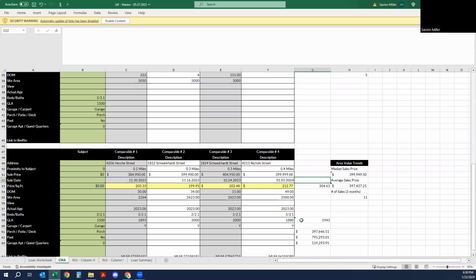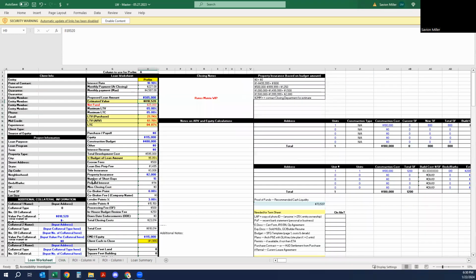Let me just double check. Bear with me. Okay, so it really should be 795. I don't know where I got the value from, but okay, so 795,3. Boom.